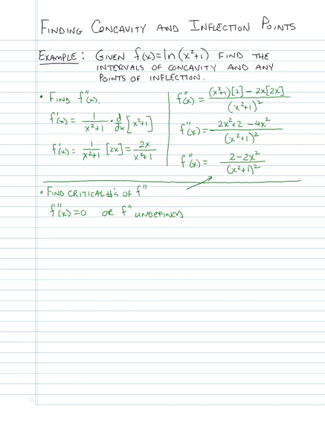When we look at that fraction, the only way a fraction is going to be undefined is if its denominator is 0. And because we have an x squared plus 1 that's being squared, what we're worried about is, is there a place that x squared plus 1 could be 0? Well, any positive number we put in for x would get positive plus 1, and that's not going to be 0.